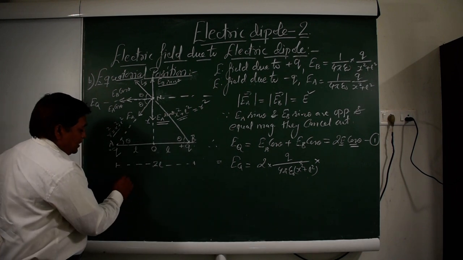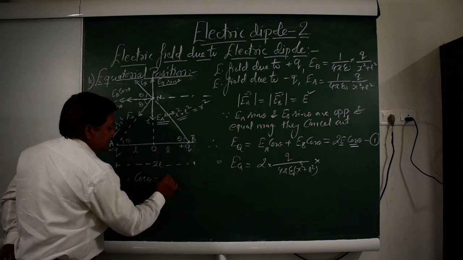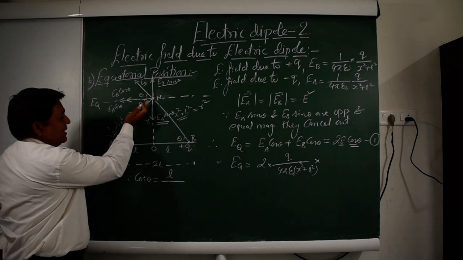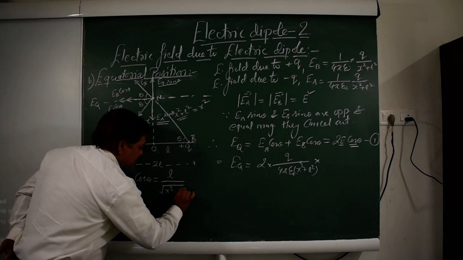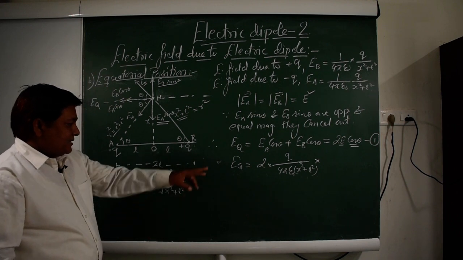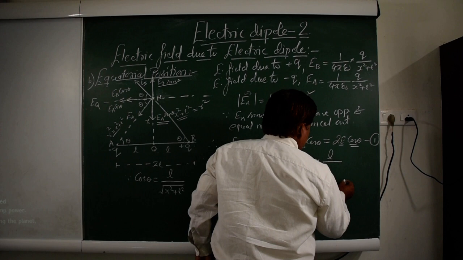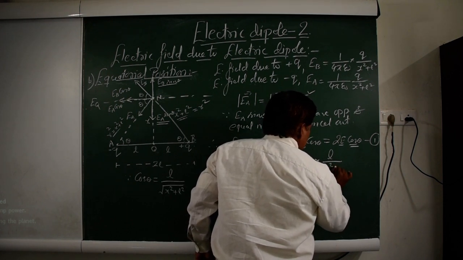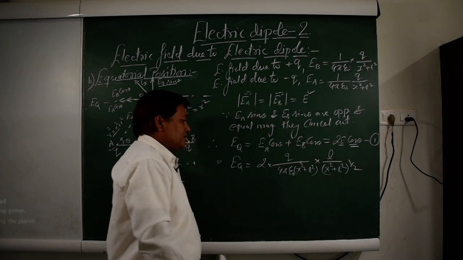So cos theta: base is L and hypotenuse is under root x square plus L square, or the whole power 1 by 2. Let us put this value in place of cos theta, so we write L upon x square plus L square to the whole power 1 by 2.